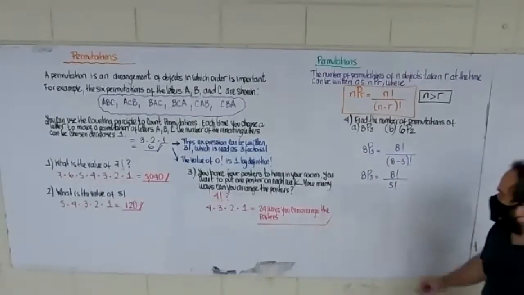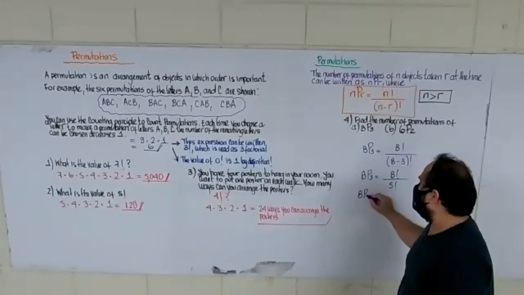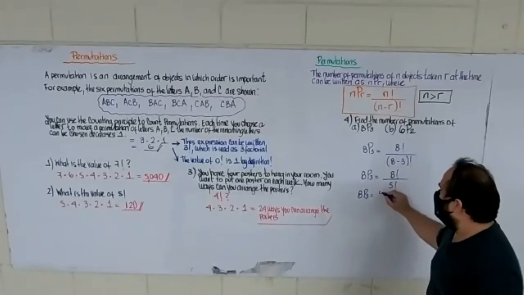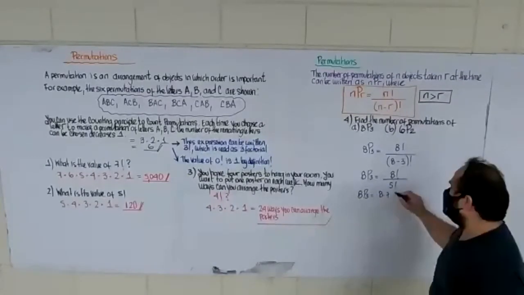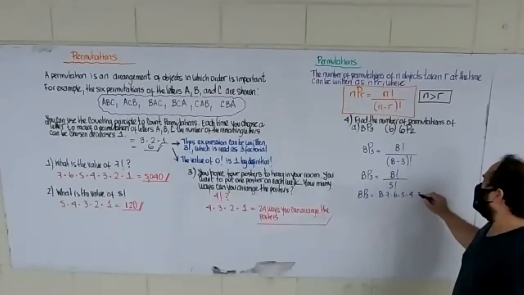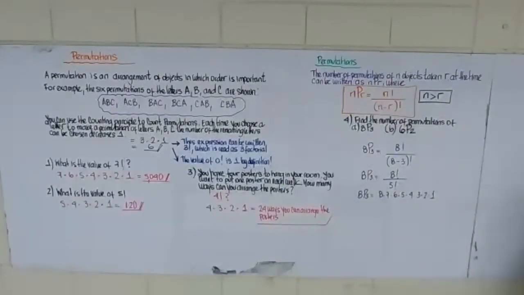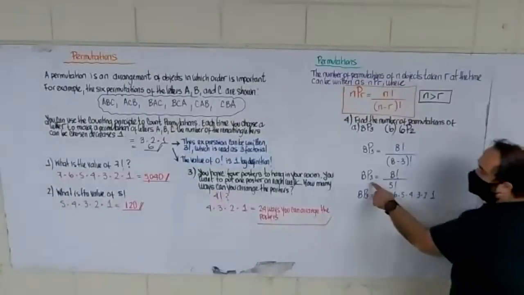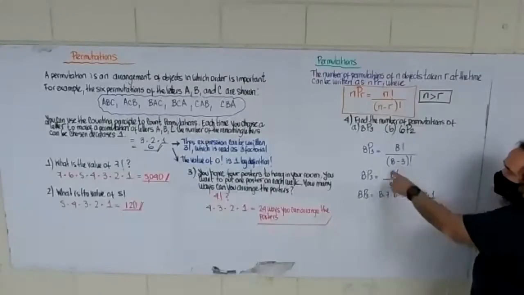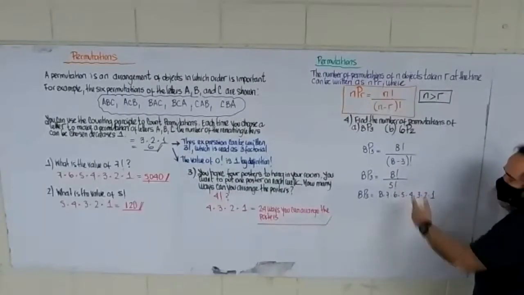Now let's apply the concept of the factorial. 8 factorial, remember, we start from 8, right? It will be 8, 7, 6, 5, 4, 3, 2, and 1. Because this is the concept of 8 factorial. The number 3 is the R value. We're going to take 3 objects of 8, and that's why 8 minus 3 gives 5.